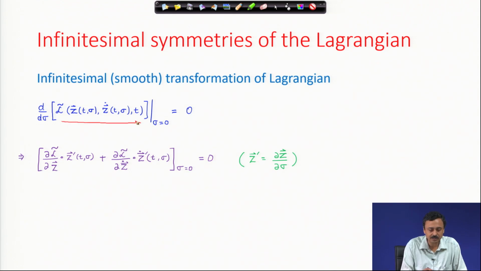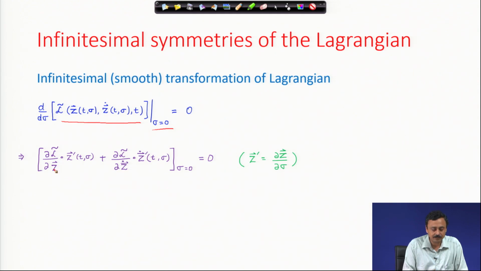This is our Lagrangian. In general, it will be a function of sigma because we have put z as a function of time and sigma. Of course, remember that sigma equal to 0 will give us q, but right now we have a general sigma and we are trying to find d sigma. Later on we will put sigma as 0, after taking the derivative. What is d sigma of L tilde?